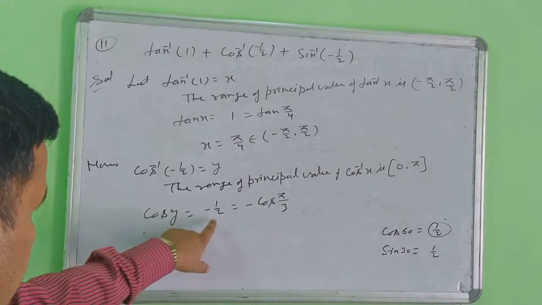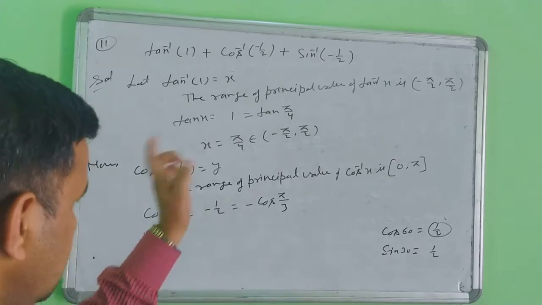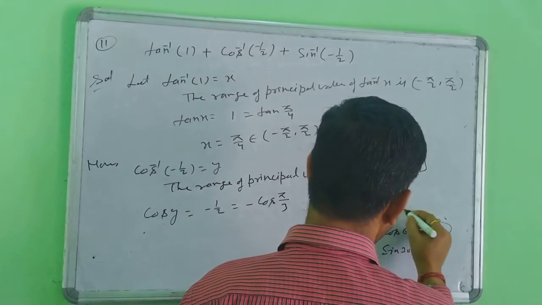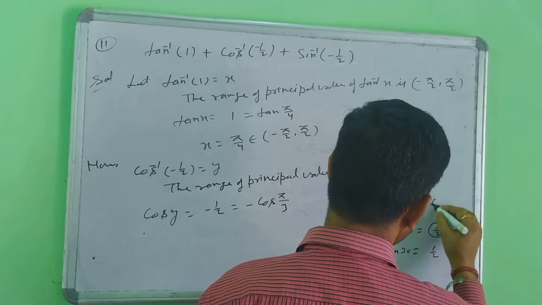Now you check, this is a minus value, but suppose you write that cos minus theta equals cos theta.